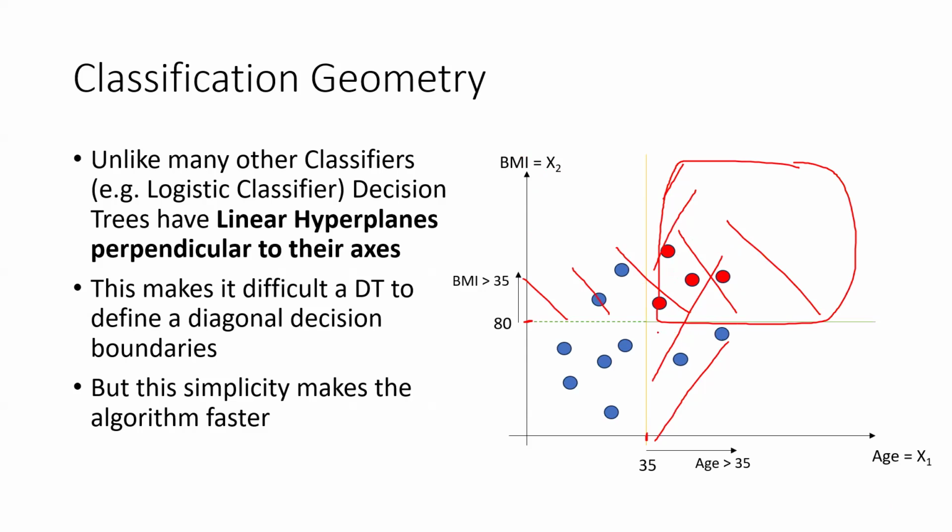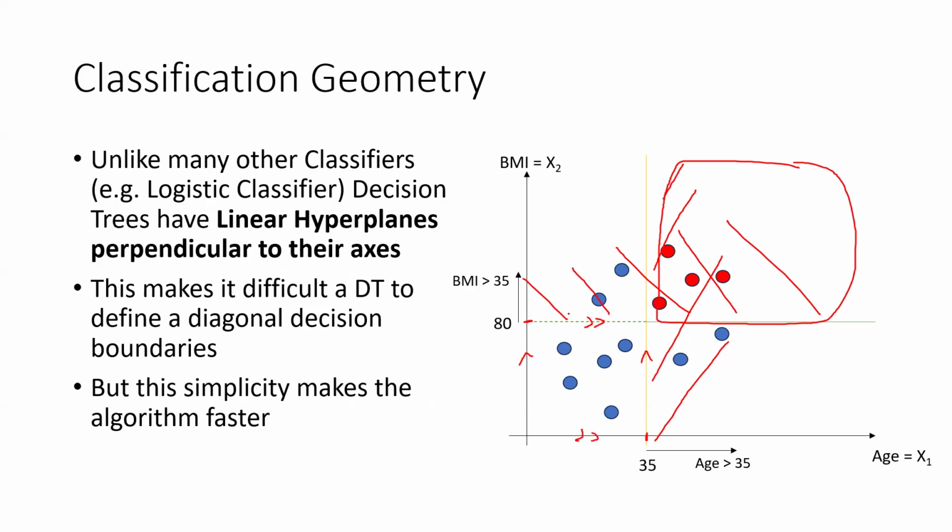So now here you can see that both of the decision boundaries are parallel to the axis, right? This decision boundary is parallel to this axis, and this decision boundary is parallel to this axis, right?